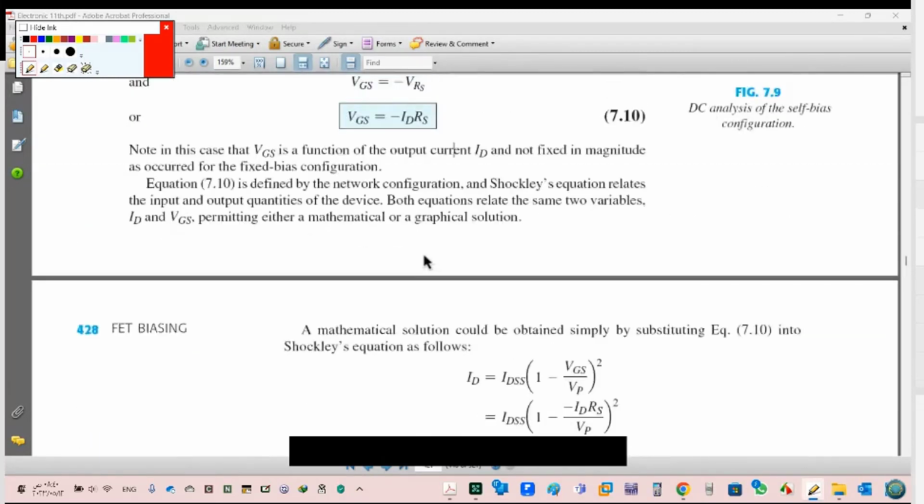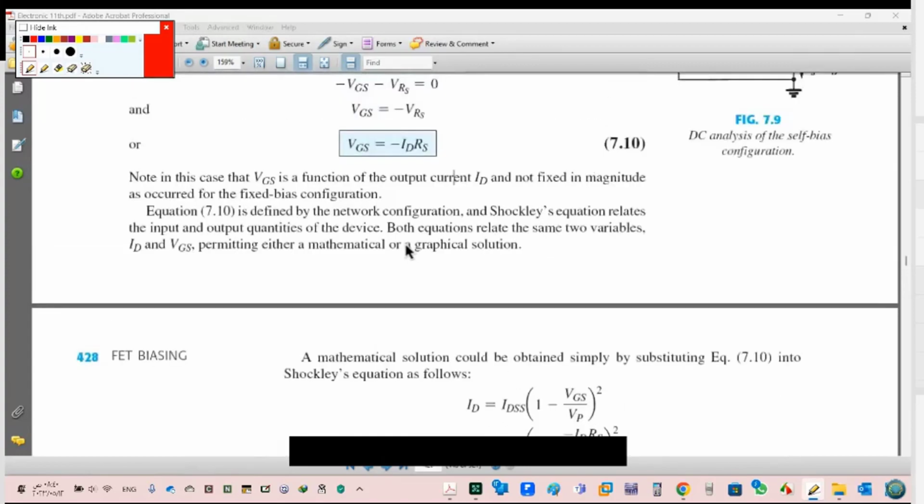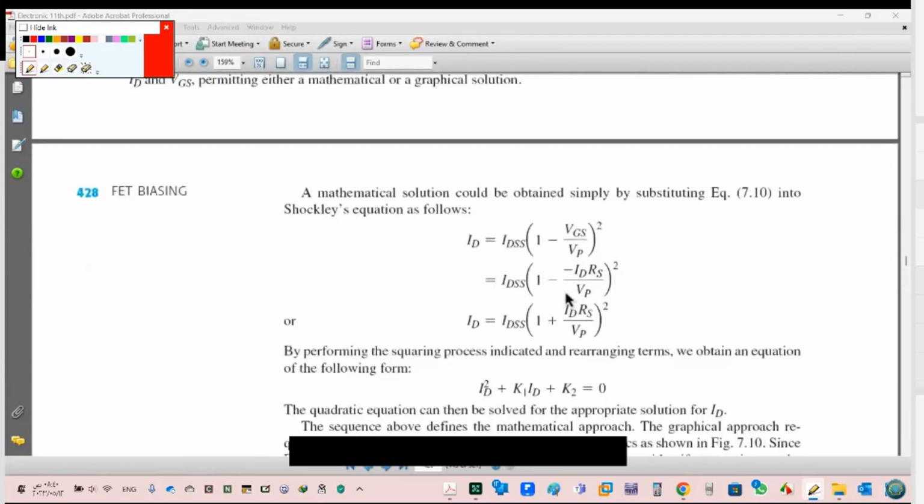Doctor, why did you say we shouldn't use the mathematical approach? Because if I take this VGS and put it in the formula, see Ahmed, we have ID here and ID here. So I should calculate two equations, take out and calculate, then we get this formula. Then you have to calculate.